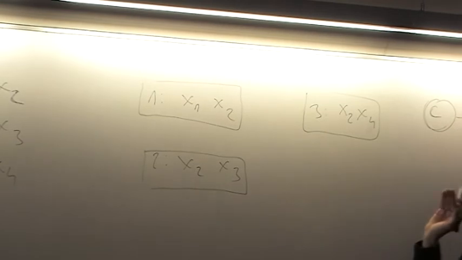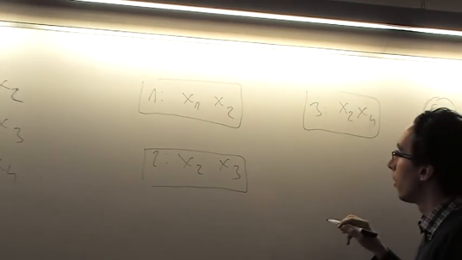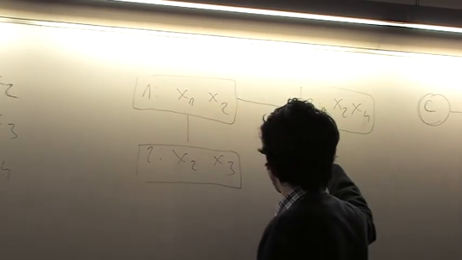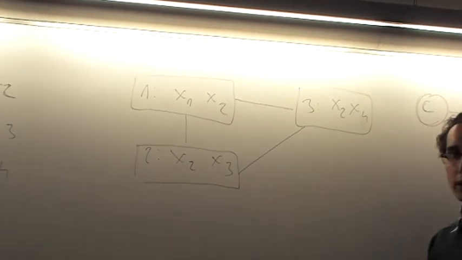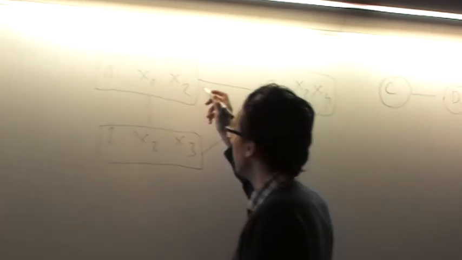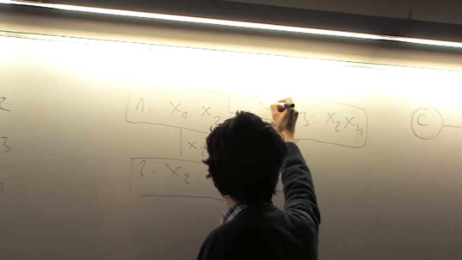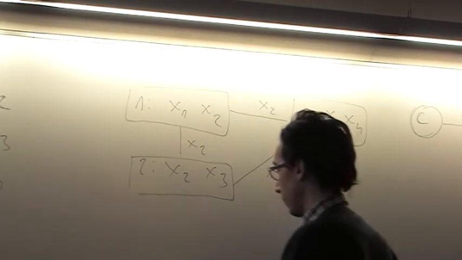I have these nodes, then I compute all the edges among these nodes. I assign a weight to all these edges, which depends on the size of the intersection subset. In this case, the subset is x2. In this case, it is x2 also, and in this case, it is also x2.